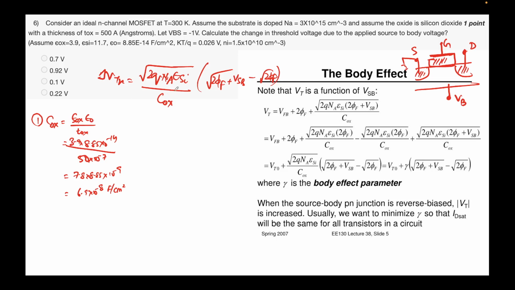Farad per centimeter square is for epsilon naught, and like this. Fine. The next term is VSB is given to us as plus 1 volts.